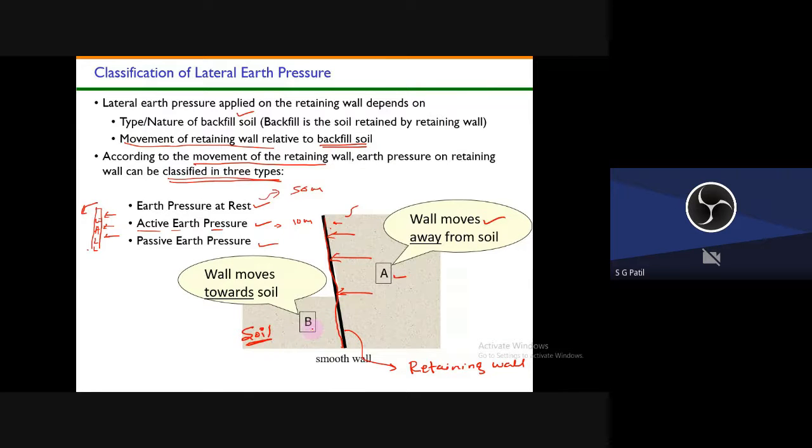That's why the soil at element B is subjected to passive earth pressure. Whatever soil element is present at A will be subjected to what? Active earth pressure. Understood? That is the difference between earth pressure at rest, active earth pressure, and passive earth pressure.